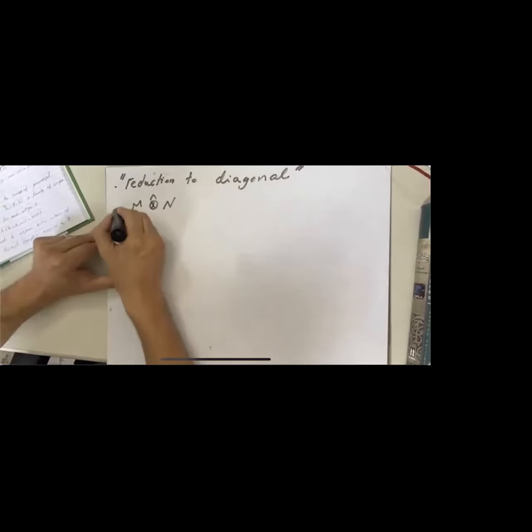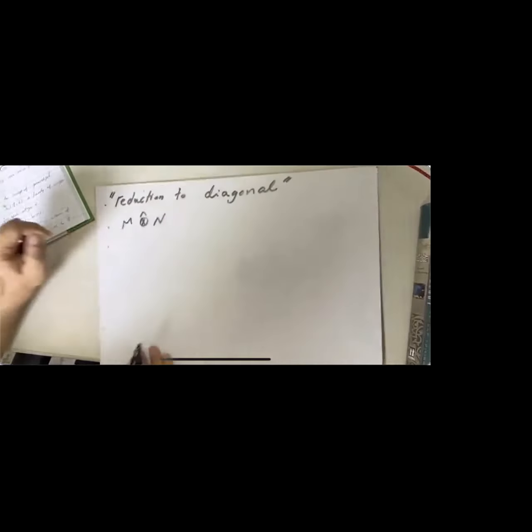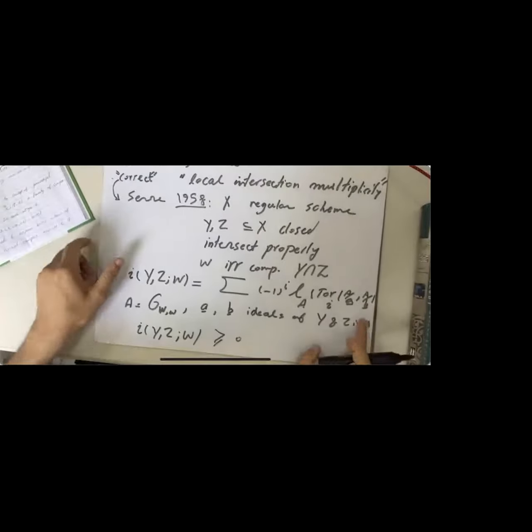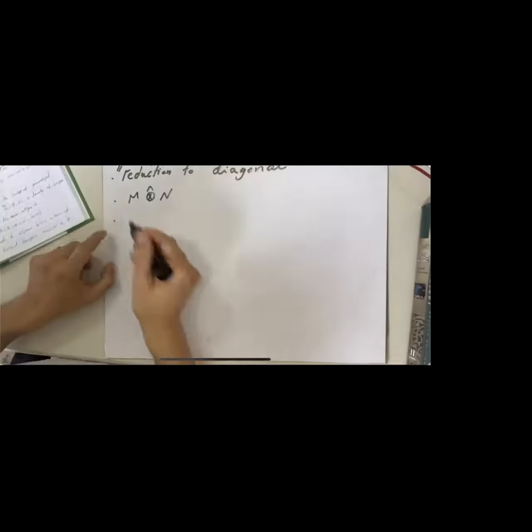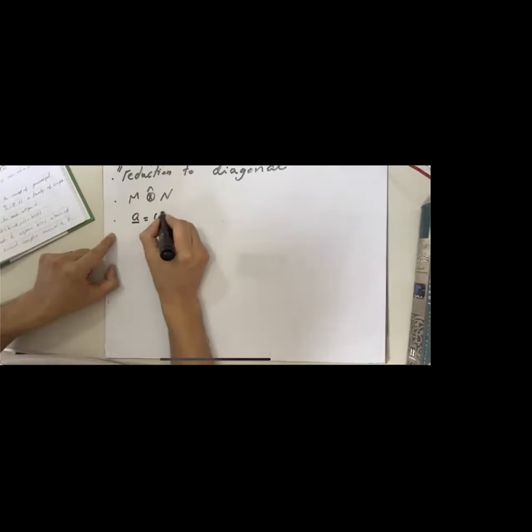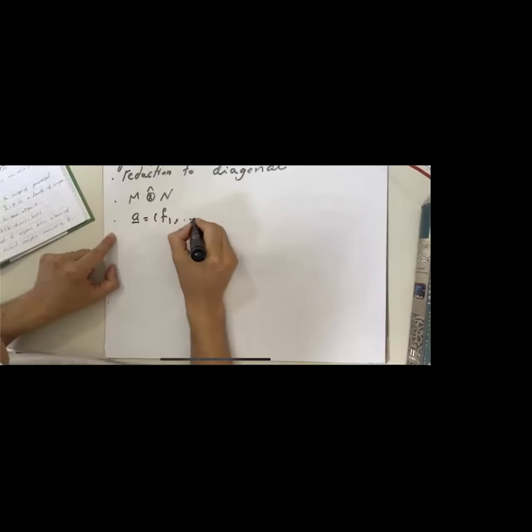And so he reduced the case of studying this Tor_i of A over a and A over b to the case that a is generated by a regular sequence.